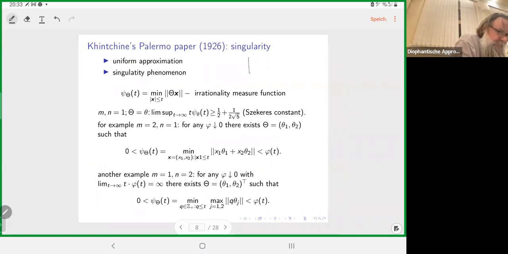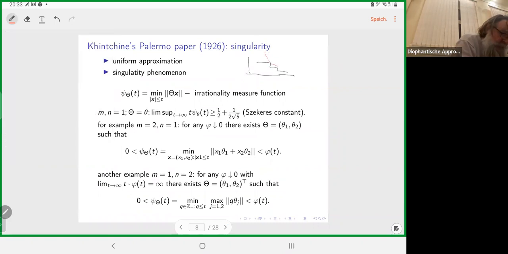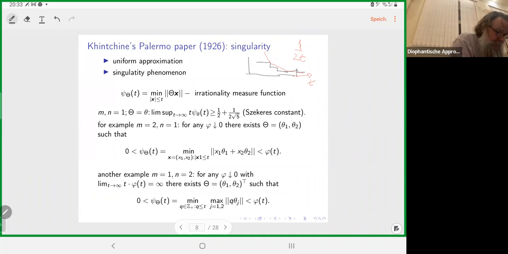If we look at the irrationality measure function, here is the graph of the irrationality measure function, then this graph should not lie under 1 over 2t, if here we have t. It is not possible that the graph lies completely under this 1 over 2t, it should go out. This is the first result by Khintchine, and the optimal constant here is the Sekerish constant.